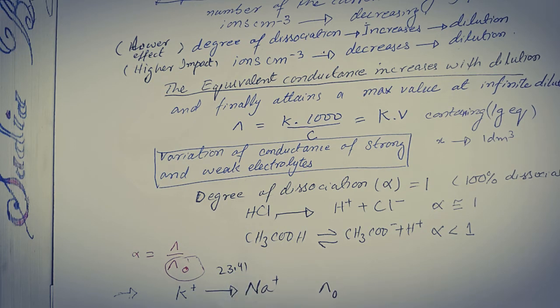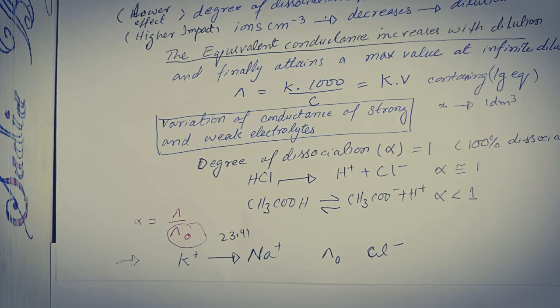It means that the value of equivalent conductance for potassium ion at infinite dilution is 23.41 times higher than for the case of sodium ion when their chloride salts are used.